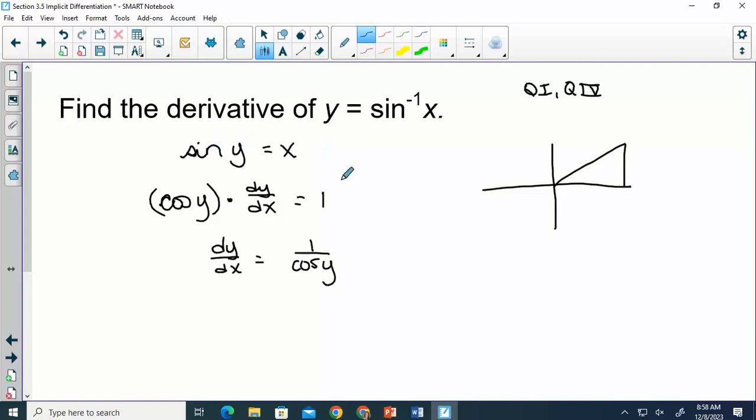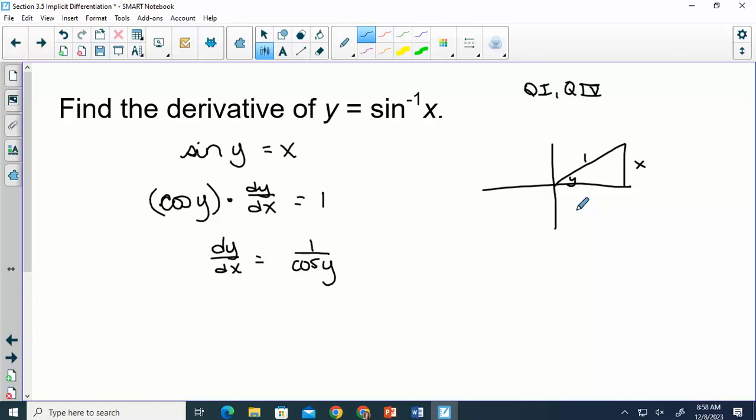Sine of y equals x, so that means my angle is y. Sine is opposite over hypotenuse. Okay. Could you find the missing side of that triangle?